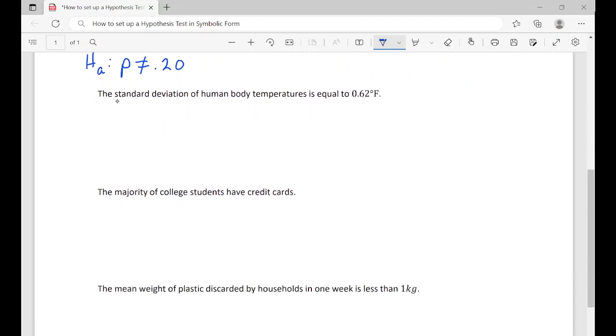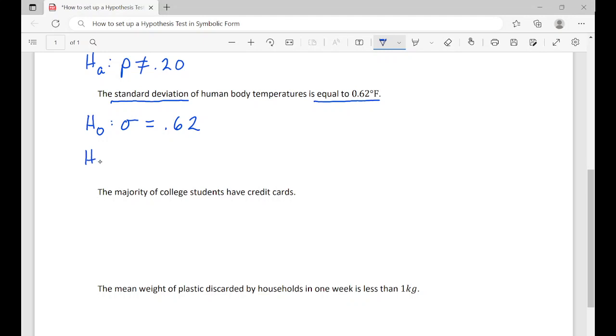Next, the standard deviation of human body temperatures is equal to 0.62 degrees Fahrenheit. So the claim, we talk about standard deviation, and we say that it's equal to 0.62 degrees Fahrenheit. So again, our null hypothesis, since we're dealing with standard deviation, is going to be sigma, and it's going to be equal to 0.62.